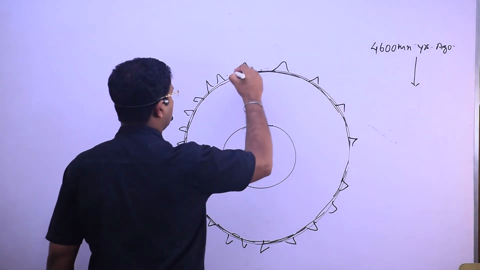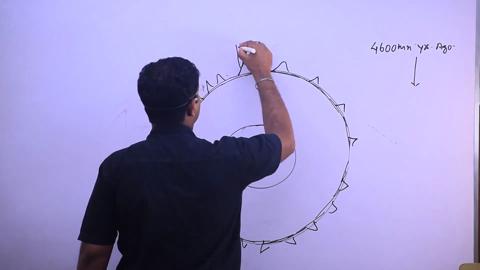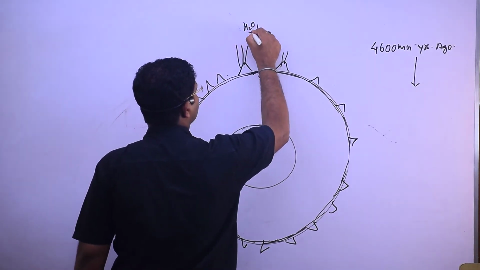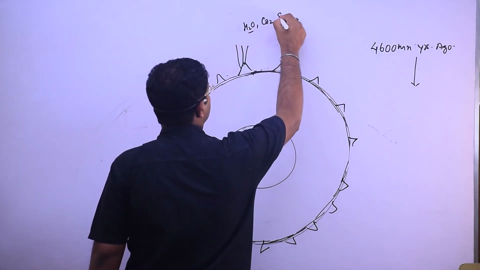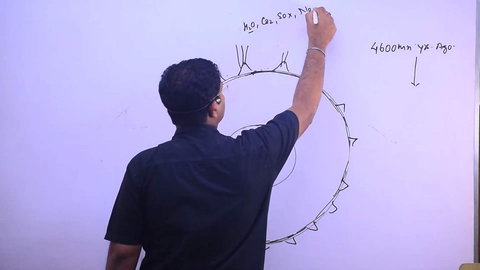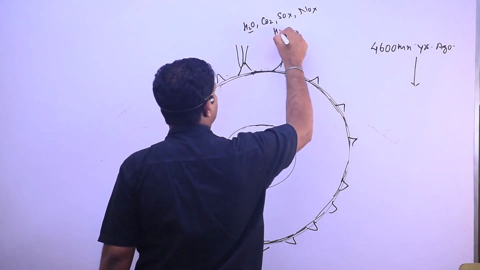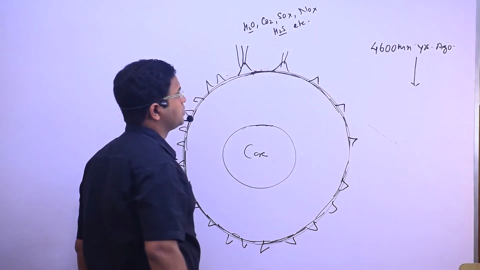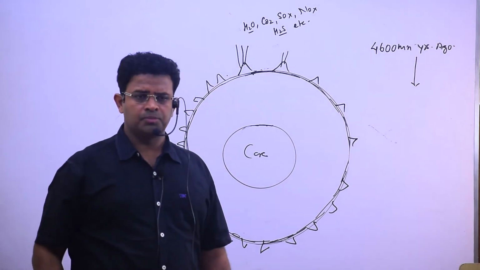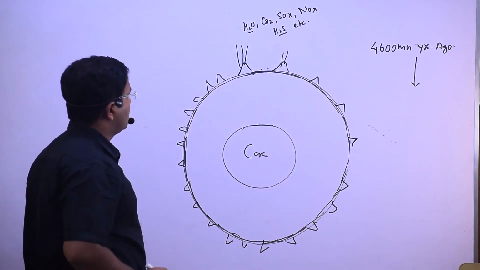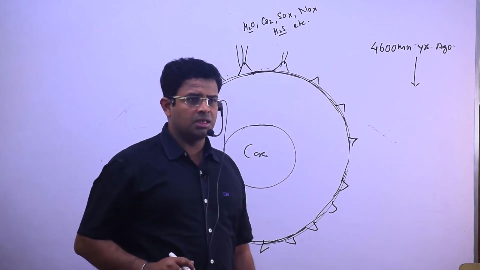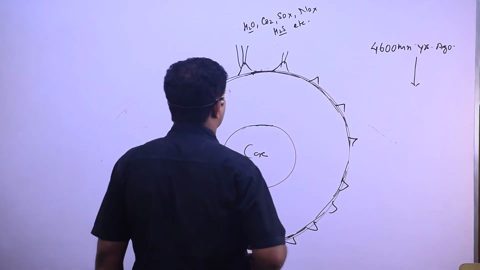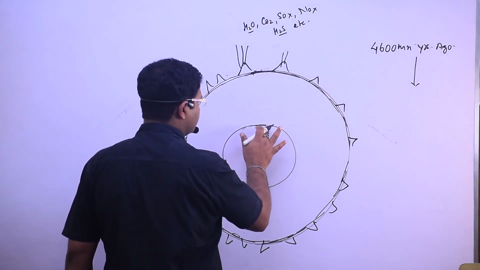Through this volcanic eruption, different gases are coming out: water vapor, carbon dioxide, sulfur oxides, nitrogen oxides, and hydrogen sulfide.